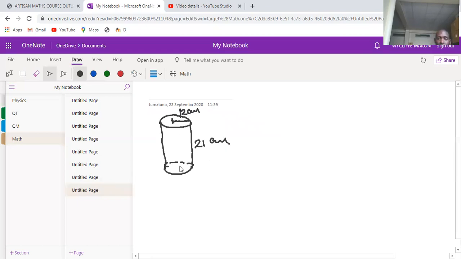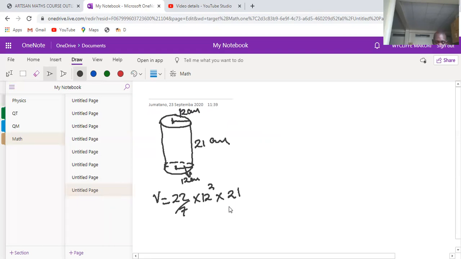Note the top and the bottom have the same size, so this radius here is also 12 centimeters. Therefore, the volume would be the area of the base, which is 22 over 7 times 12 squared, which is pi r squared. Then we multiply by the h, which is 21.